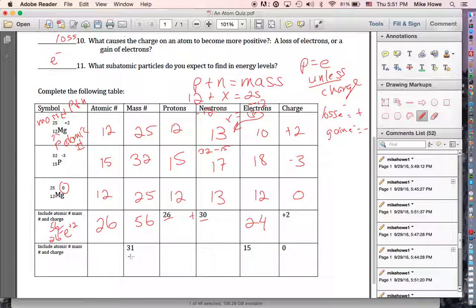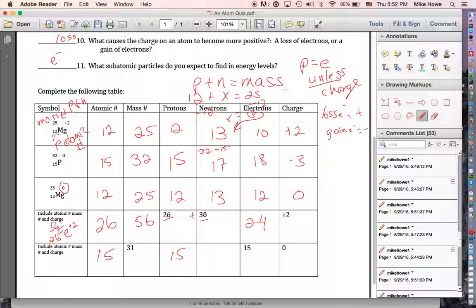Last question. You've got 15 electrons with 0 charge. Now if there's 0 charge, how do the protons and electrons compare? Well, they're equal, unless there's a charge. Oh, but there is no charge. So the protons are 15. That means the atomic number is 15. The neutrons will be obtained by subtracting from the mass.